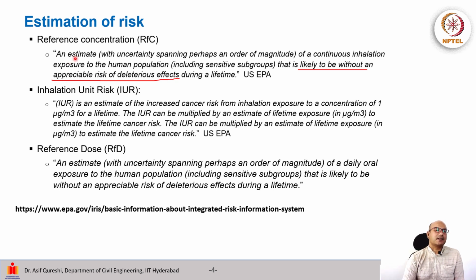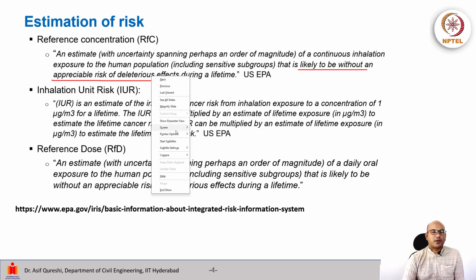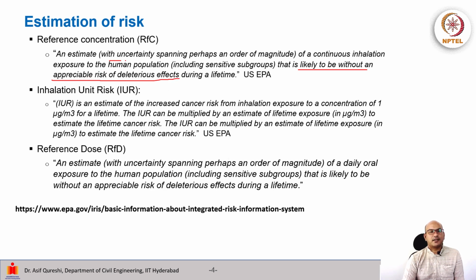So it is an estimate, let us say 1 microgram per meter cube. The next important part is uncertainty spanning perhaps an order of magnitude. That means around a factor of 10.